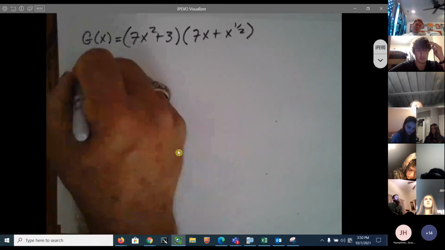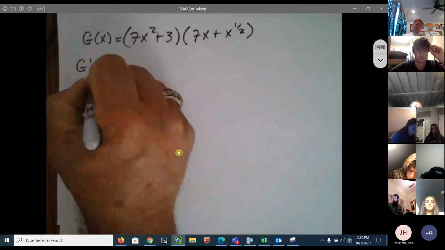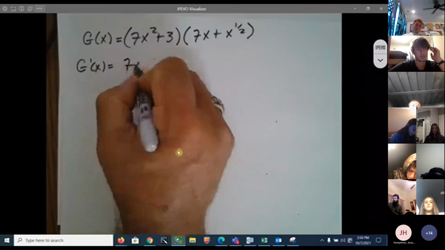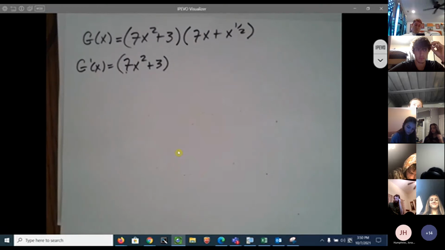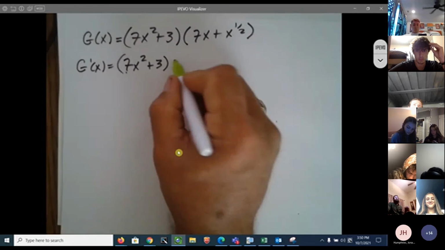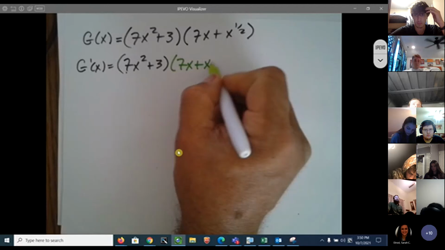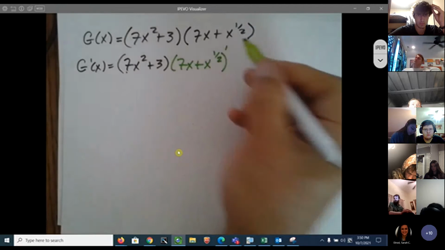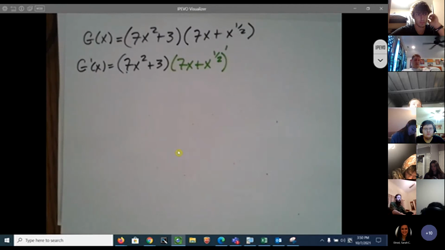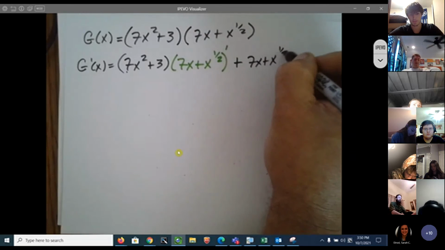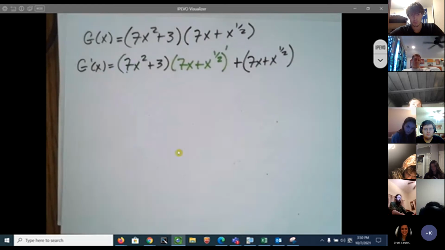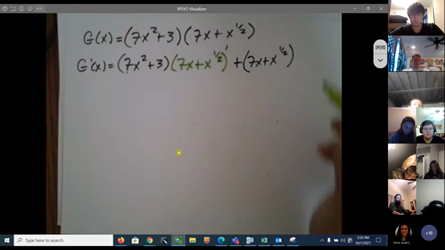So g prime of x is equal to first times the derivative of the second plus the second times the derivative of the first.